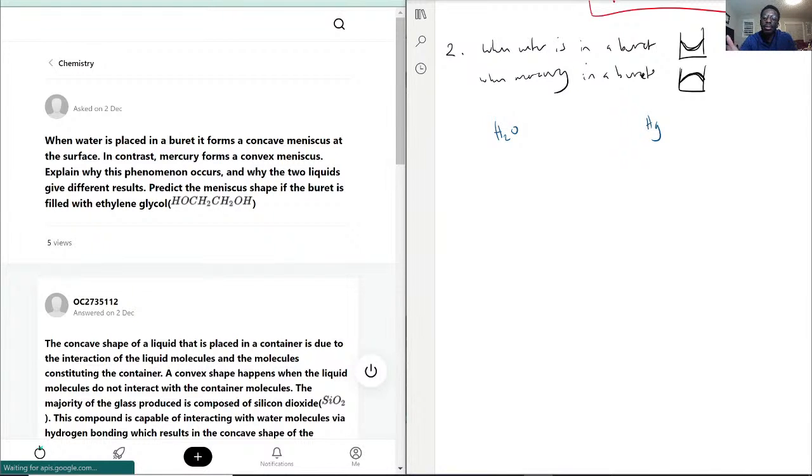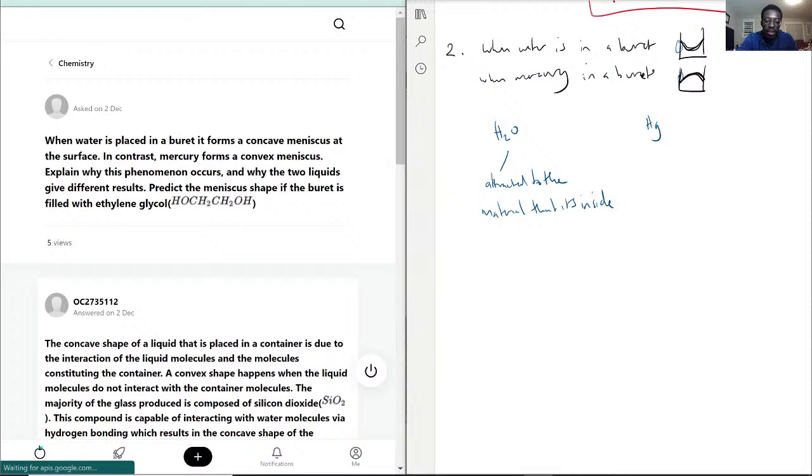If you have something going like this versus that, right? You'd want to say that these parts are attracted, okay, that's the key part, attracted to the material that is inside.